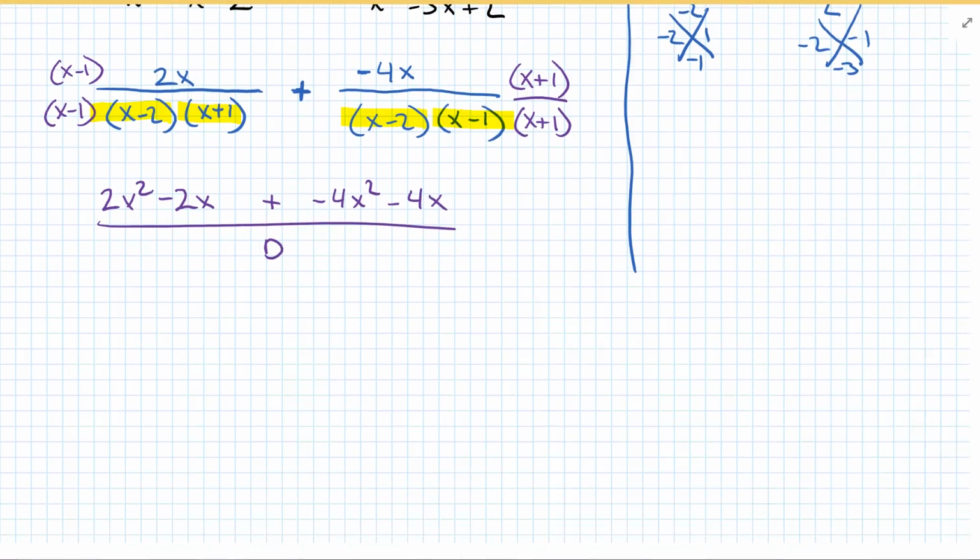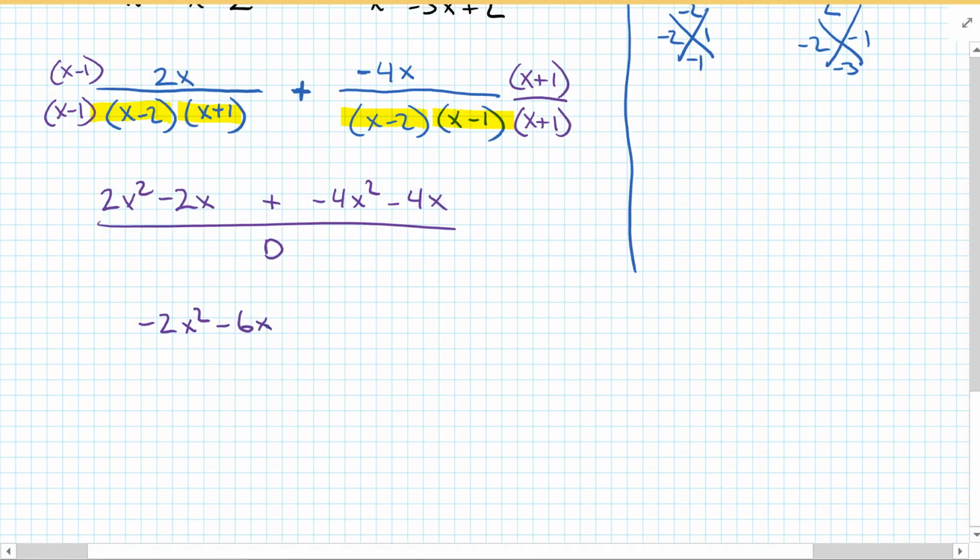Okay, so let's sum like terms. So I'm going to get negative 2x squared minus 6x, all over the denominator. We can still factor out a negative 2x. When we do that, what am I left with? X plus 3.